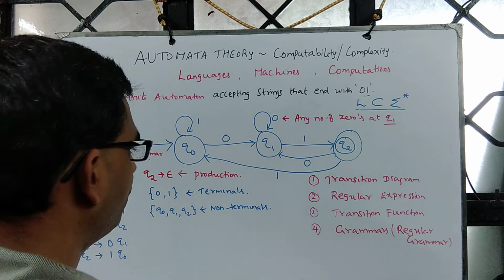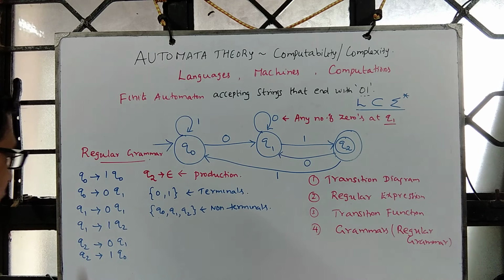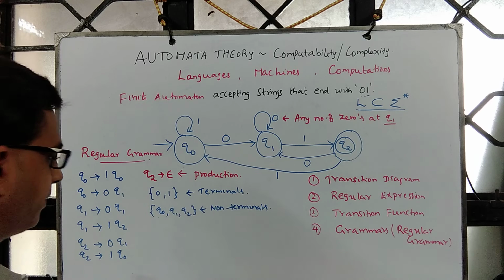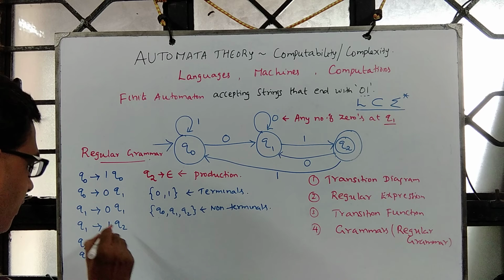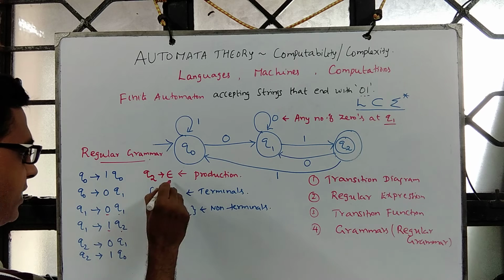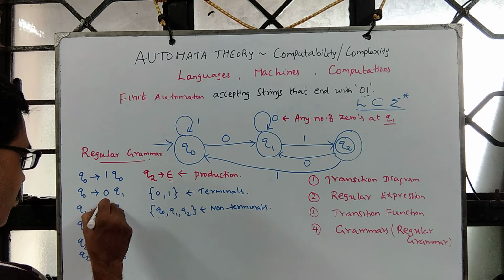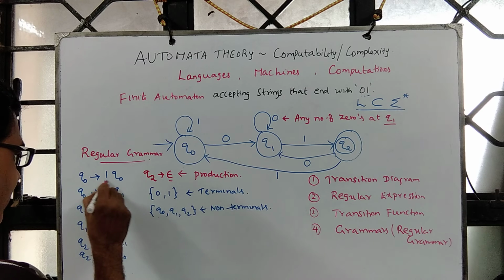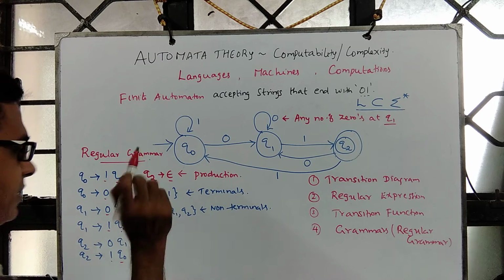If you look at these productions, on the left you see that exactly one non-terminal is present. On the right it is always a terminal followed by a non-terminal, or just epsilon.